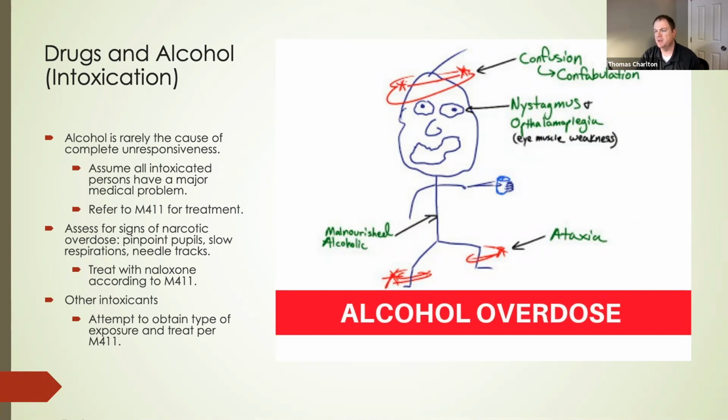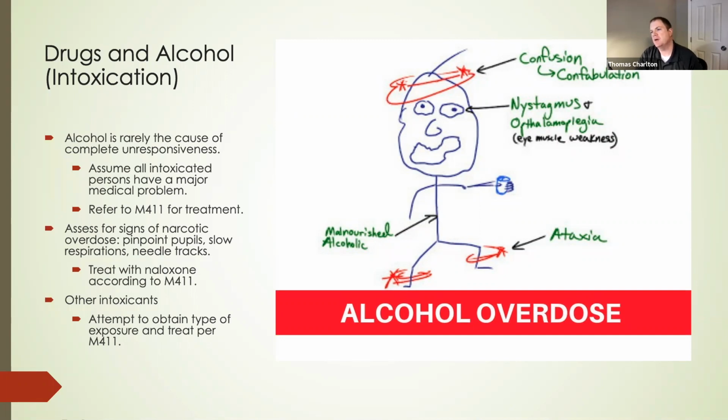You want to assume that anybody that's acting intoxicated, has slurred speech, can't walk, is not making sense, etc., you need to assume that they have a major medical problem first. People that are drunk still have strokes, still have heart attacks, still get hypoglycemic, etc. So make sure that you are still keeping in mind that there's a bunch of other bad things that will present the exact same way.